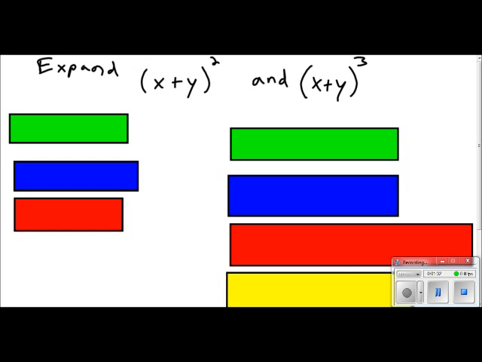So now that we've gone over Pascal's triangle, let's look at what if we needed to expand these binomials to certain powers. Now in lower powers we know how to do that just by distribution or foiling.